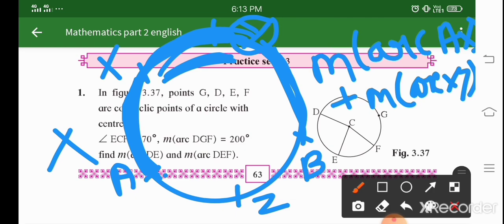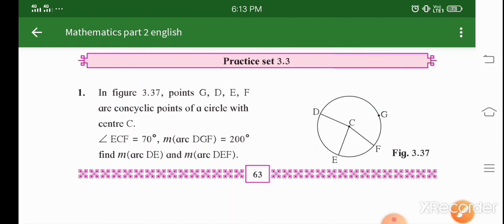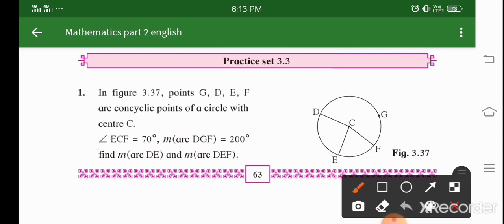So now we will see a theorem. There is a theorem that we are going to study now. The theorem is about chords, right? The chords corresponding to congruent arcs of a circle are always congruent. Suppose there is a circle and its arcs are congruent. Let's suppose I'm just drawing that diagram.